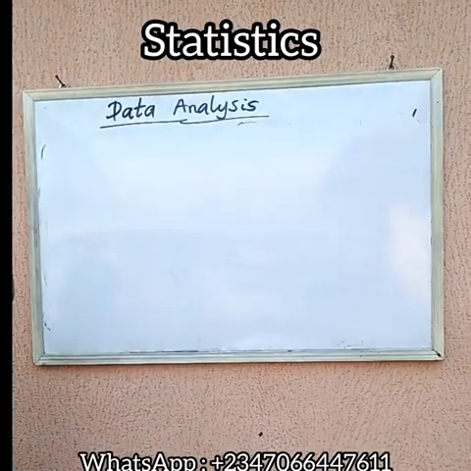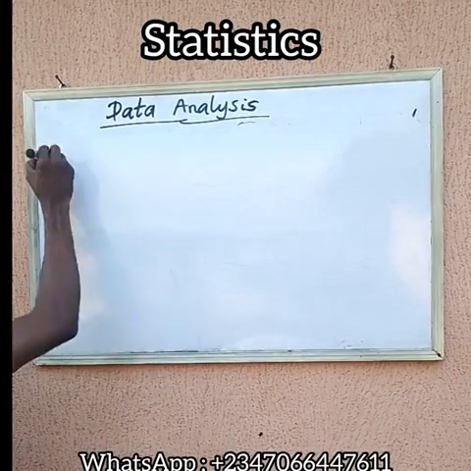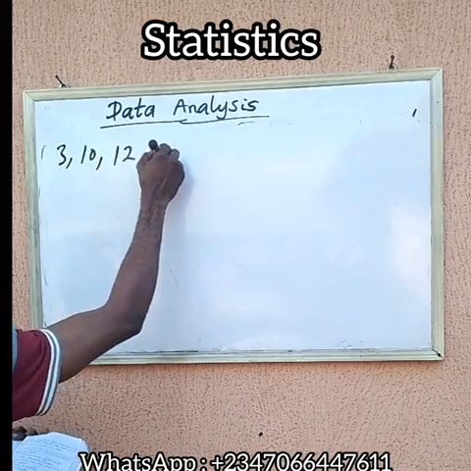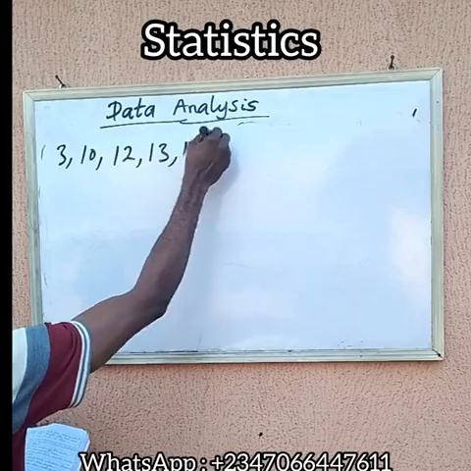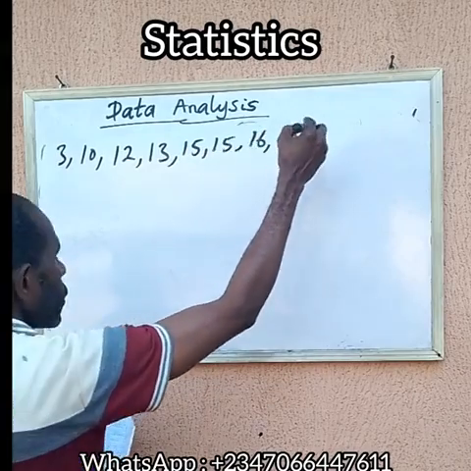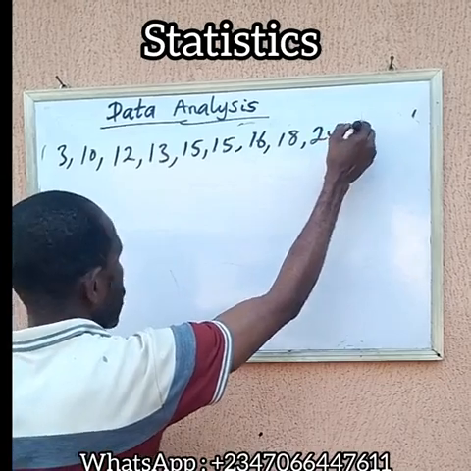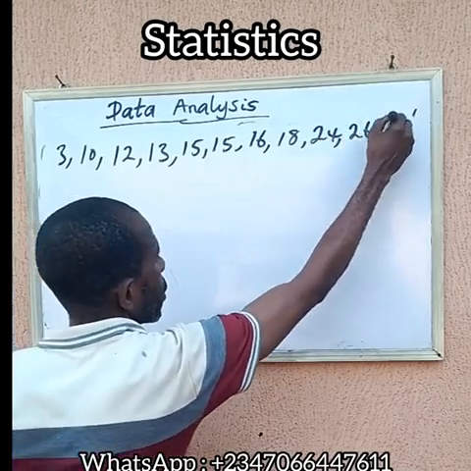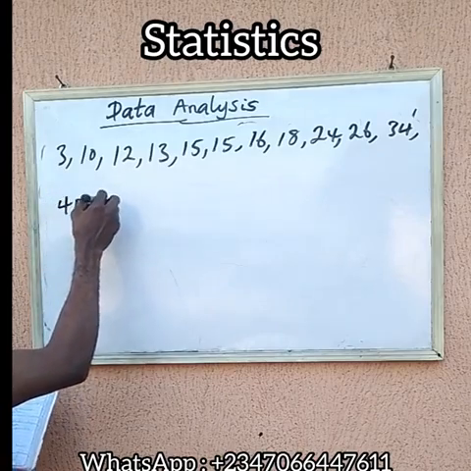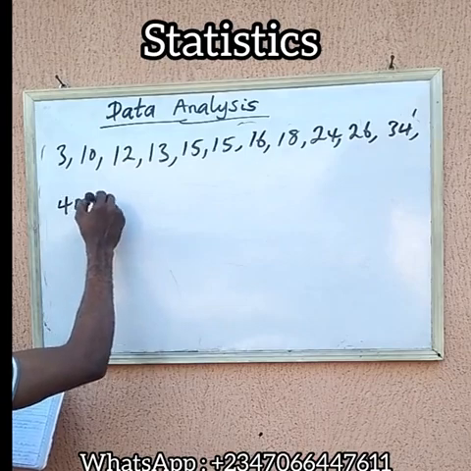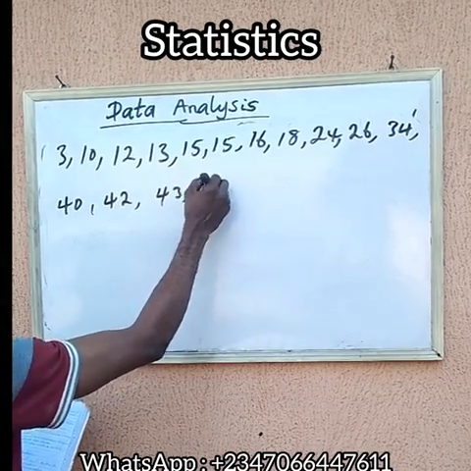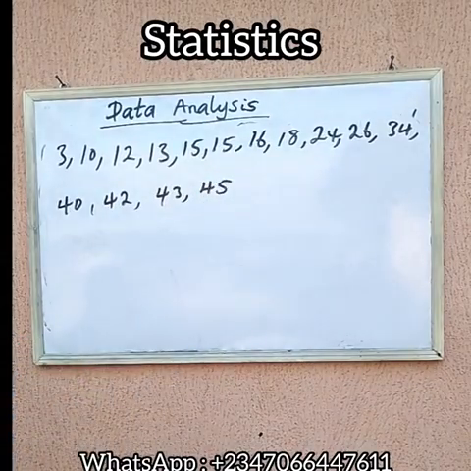The numbers we have here: 3, 10, 12, 13, 15, 16, 18, 24, 26, 34, then we have 40, then we have 42, 43, then 45.